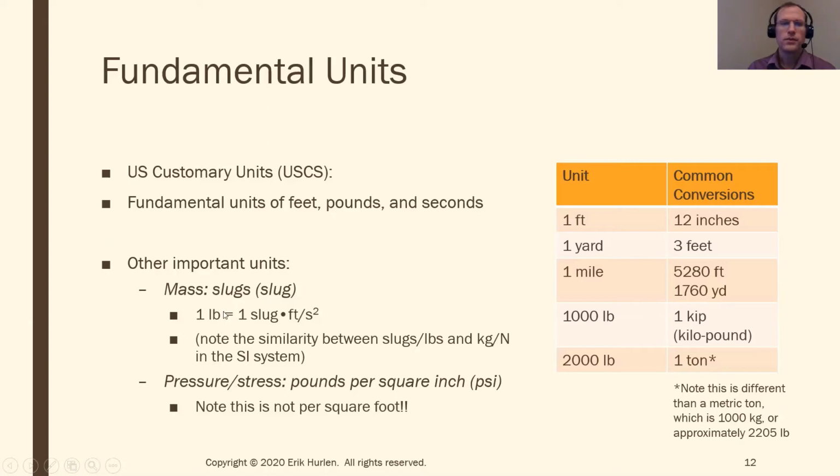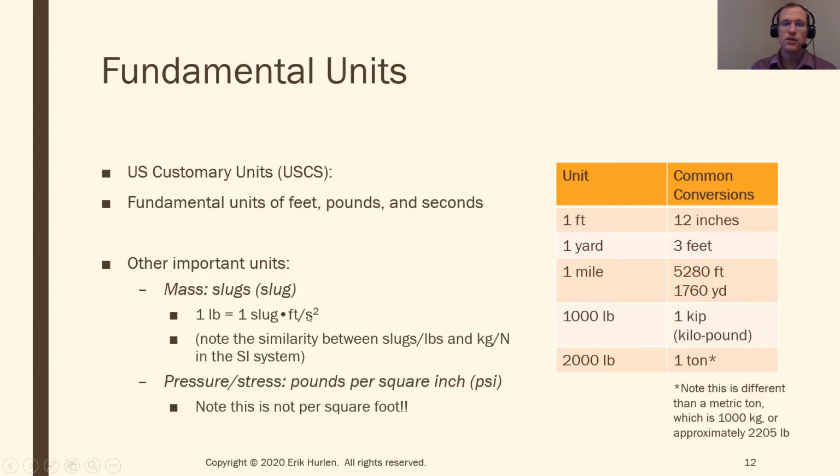And so just like kilograms, if we go back to the previous slide, if I want to get newtons, which is a force, I take my mass in kilograms, multiply it by acceleration, which is meters per second squared. Exact same thing here. If I want to go from mass to force, I take my mass, in this case in slugs, and take those slugs times acceleration, which in this case is feet per second squared.